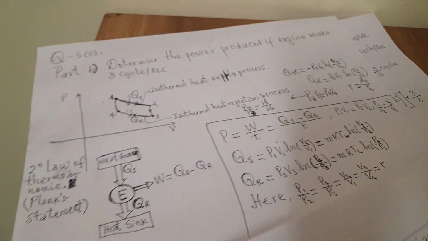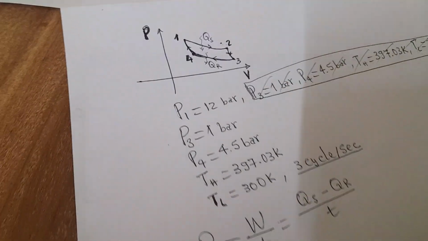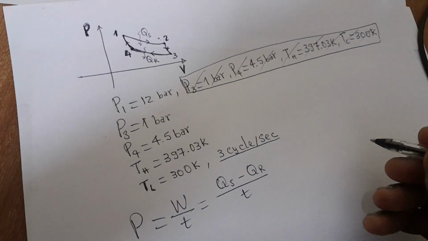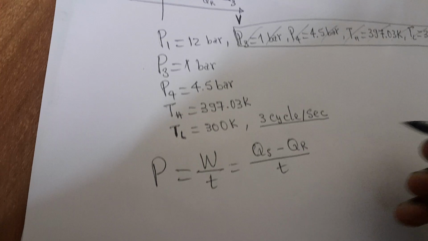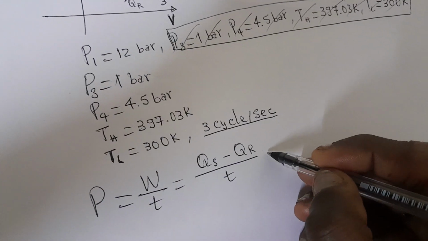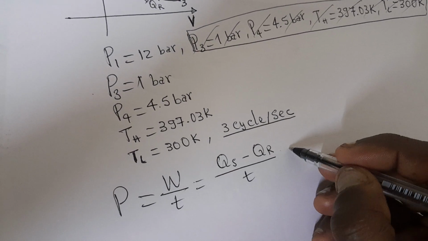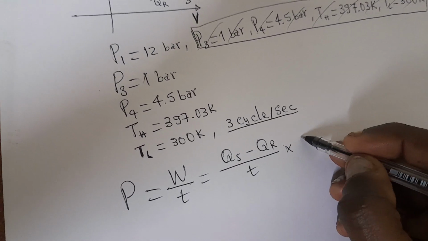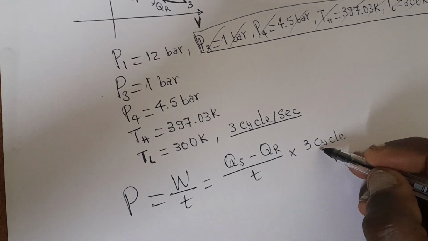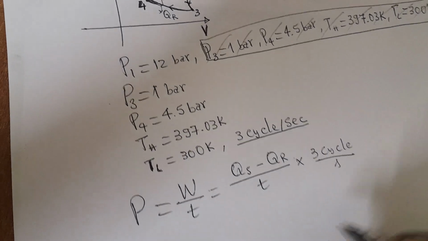So how will it be? It will be in this way. Now here we will just substitute. We will multiply by 3 cycles, because they gave us a condition of 3 cycles per second.